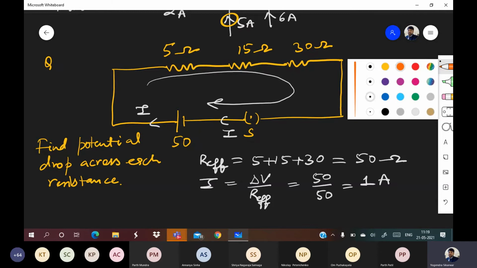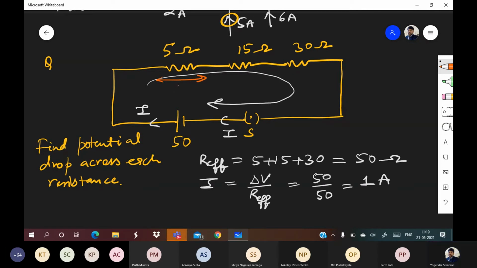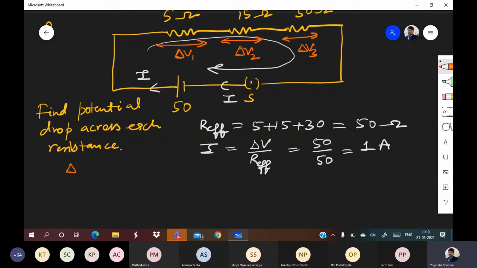Now the potential drop. So this is delta V1, this is delta V2, and this is delta V3. So delta V1 is equal to I into R1, and that comes out to be 1 into 5 is equal to 5 volt.